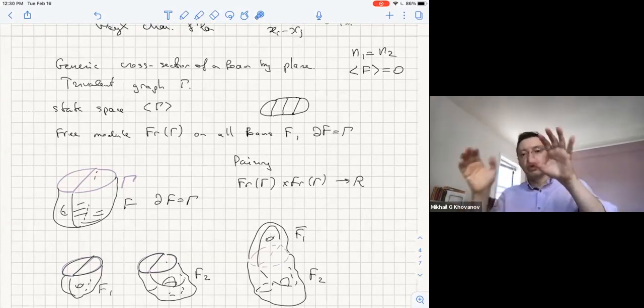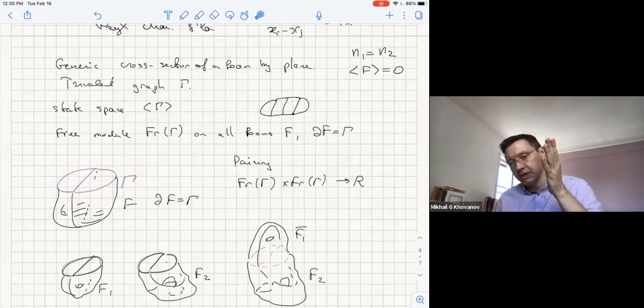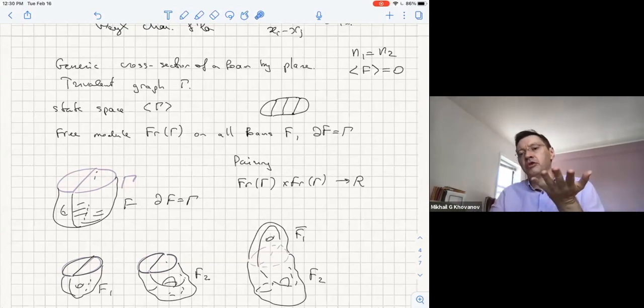Whenever we have a number or element of a commutative ring assigned to a closed object of dimension n, like a manifold or a foam, then you can build a vector space assigned to a cross-section of an object in one dimension less. Given an object in one dimension less, you can look at all the n-dimensional objects with that boundary and take the linear combinations.